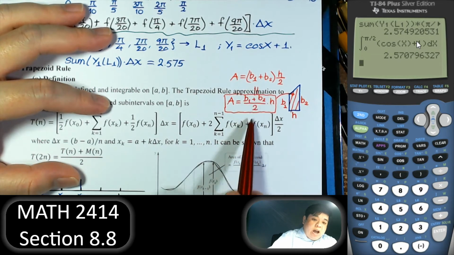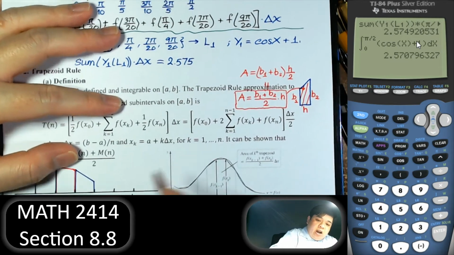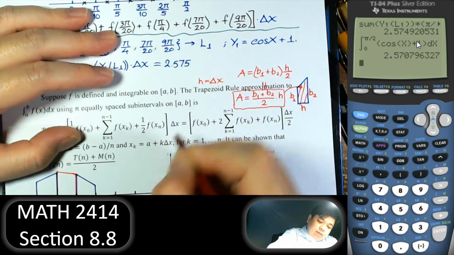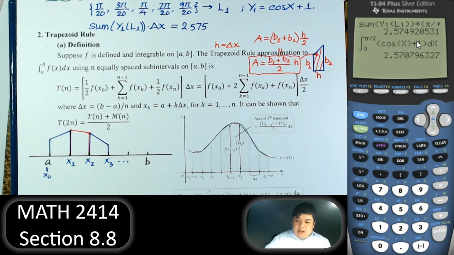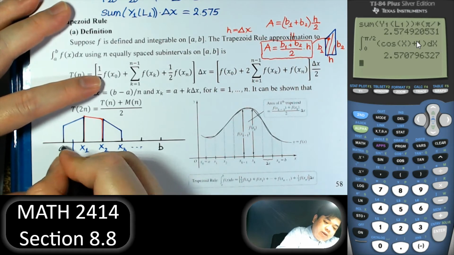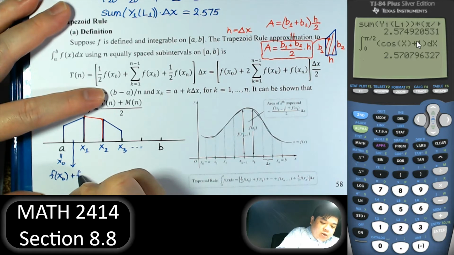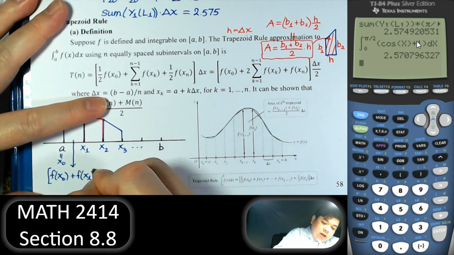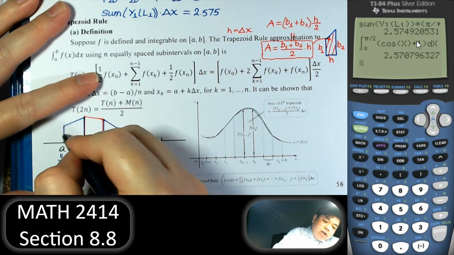Right, those formulas are the same. However, we're going to put this form and factor out the height divided by 2. The height in this case is delta x. So pretty much delta x divided by 2 is factored out. So in that case, the area of the first one is going to be the values at x0 plus the values at x1, all of that times delta x divided by 2. So that is the area of the first trapezoid.